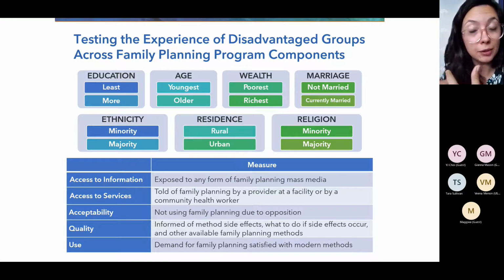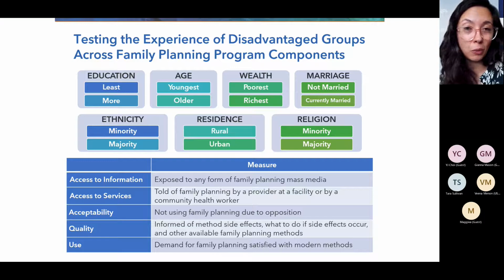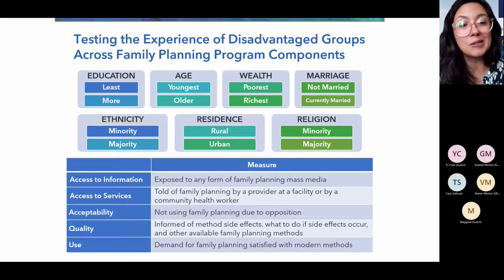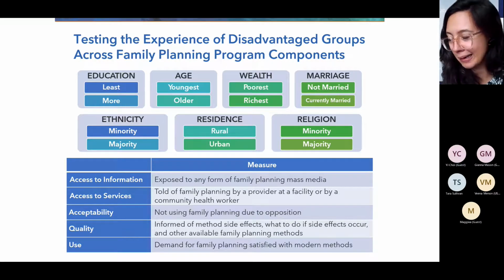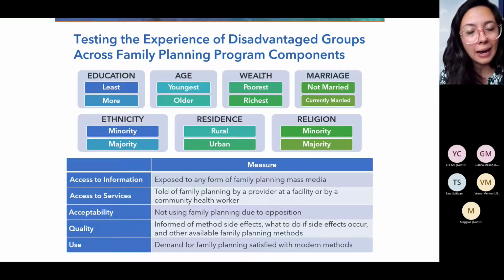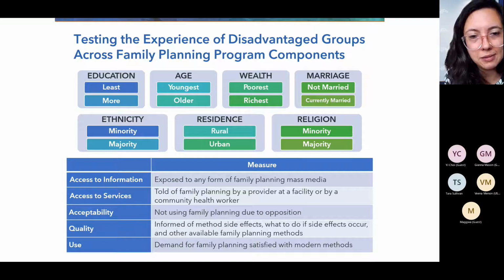So they're not perfect. It's also because of some of the questions in the DHS. If we could design our own access to information indicator, it might look a bit different, but this is what we have available. And of course, we need to work within what we have.